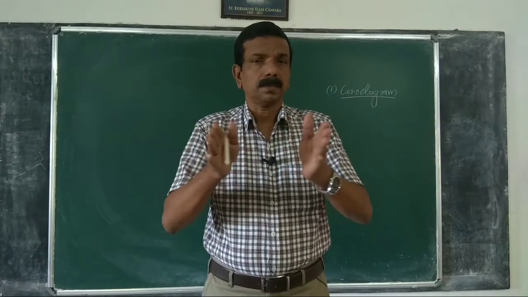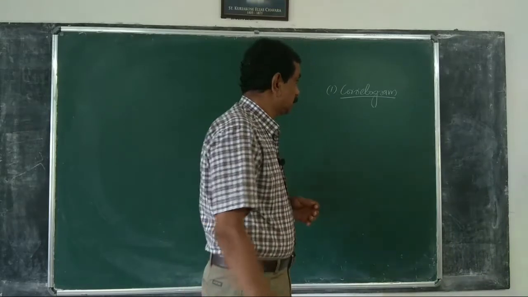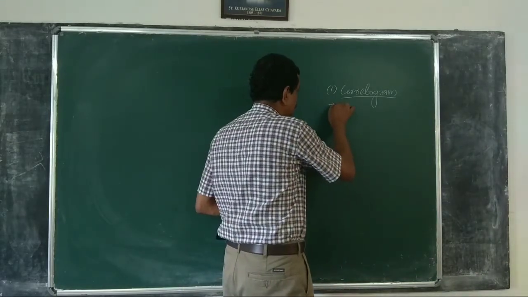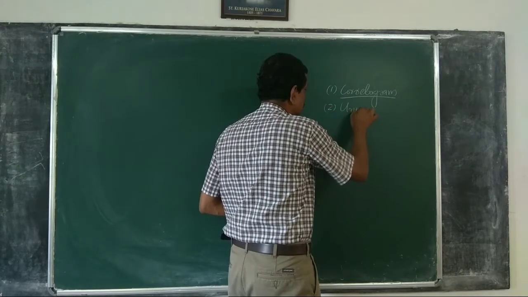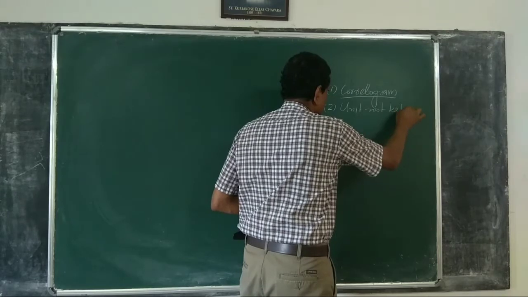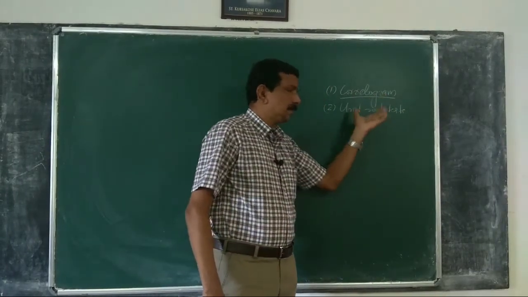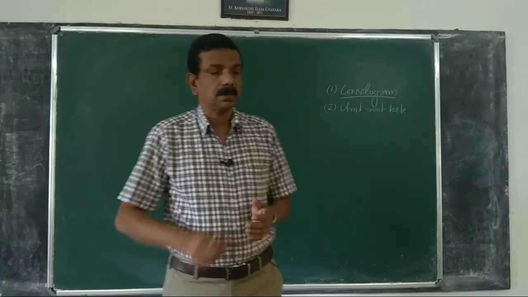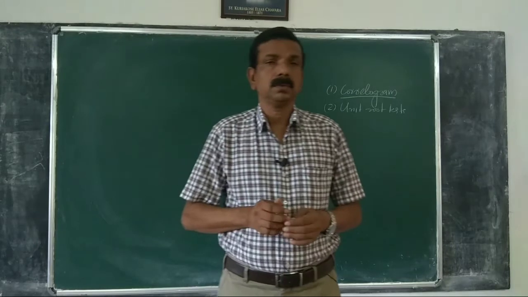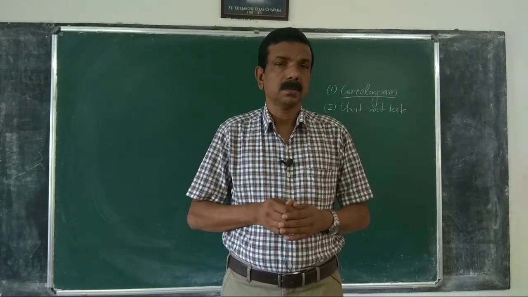This is the old approach. The second one is formal statistical tests known as unit root tests. So one method is correlogram, the other one is unit root test. In this class we discuss correlogram.